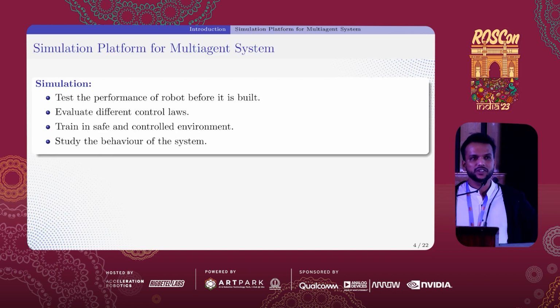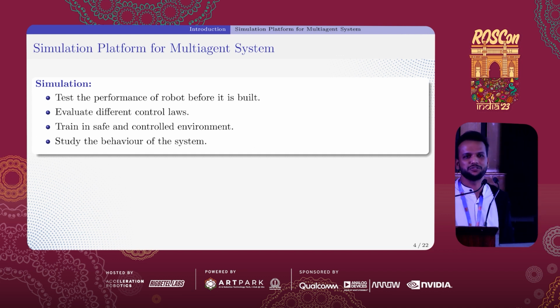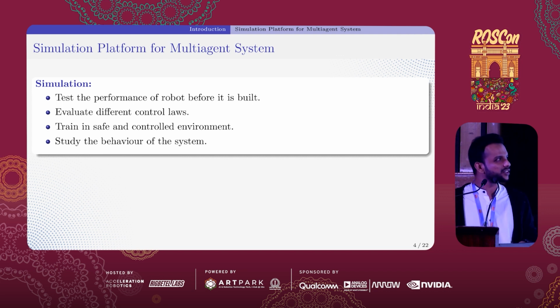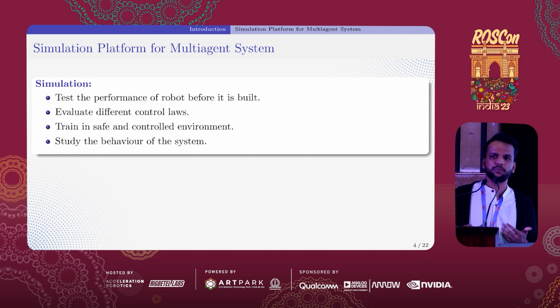So let's talk about the simulation platform. I guess everyone is aware of ROS and simulation, so I don't need to go into much detail about why we need simulation. Just briefly: we need to test the performance of a robot, how well it works, before deploying it on hardware.